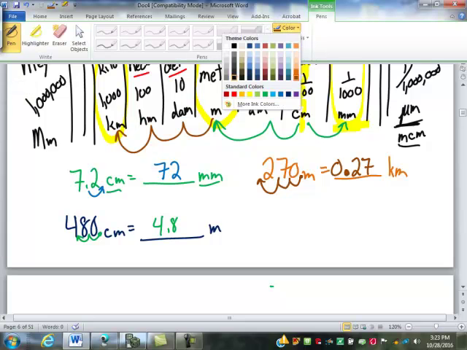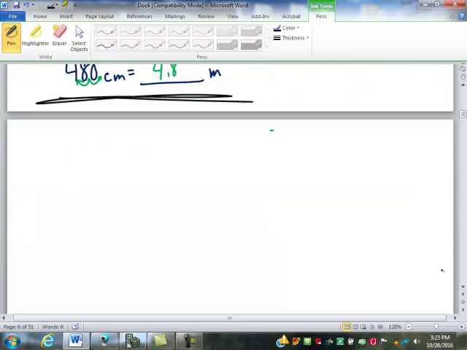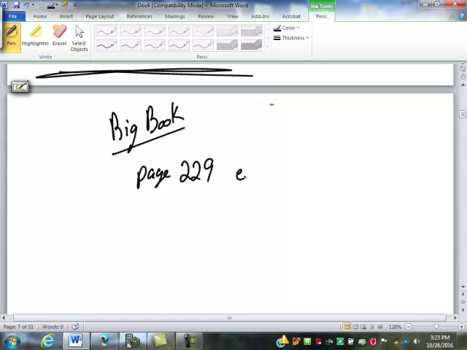Okay. We will talk more next week about conversions with lengths, and I'll give you the homework next week. For now, I'm going to give you a little bit of homework on the tolerances and allowances, absolute and relative. This is in the big book. It's going to be page 229, exercise 7-10, 1 through 11, the odds.